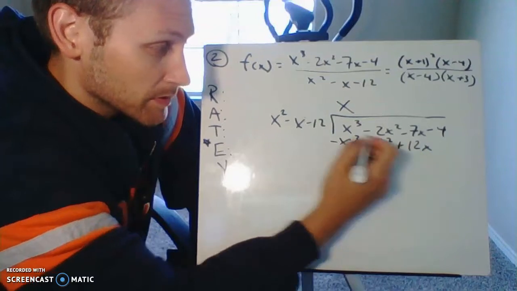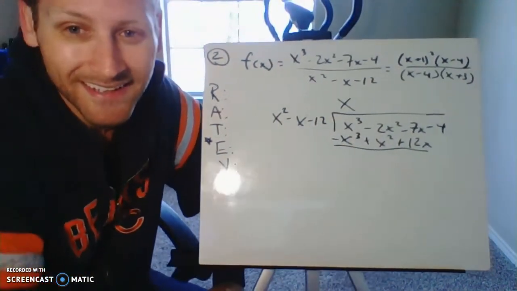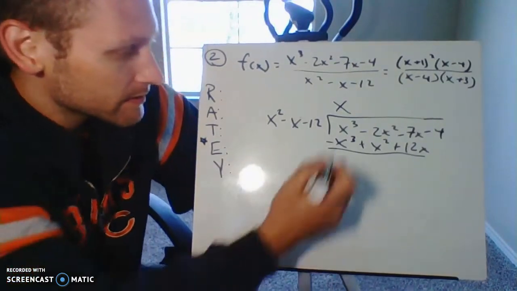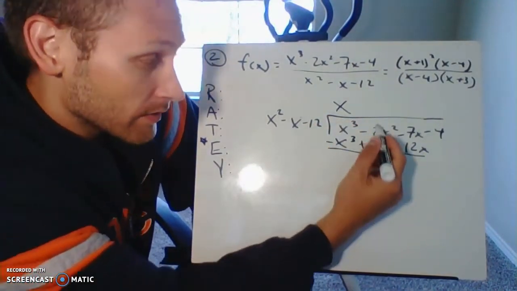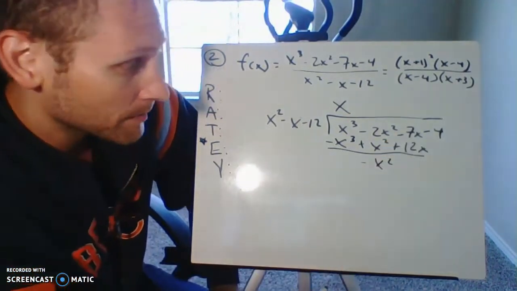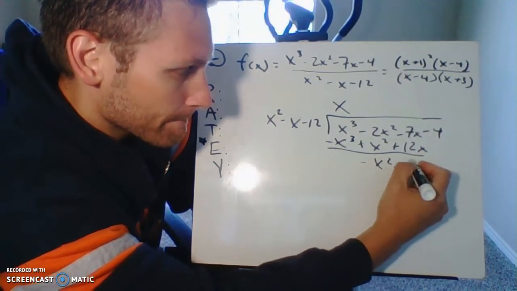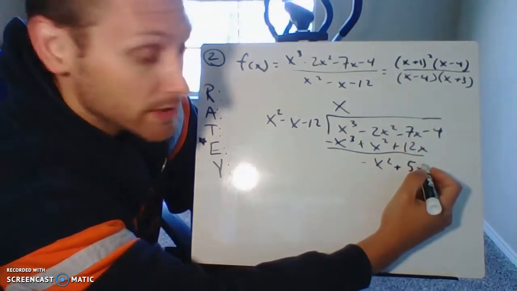So some people like to put the parenthesis there, like we did in class a long time ago. So now I subtract this. These cancel out. This will add to negative x squared. This will sum to 5x. And then we drop down the negative 4.